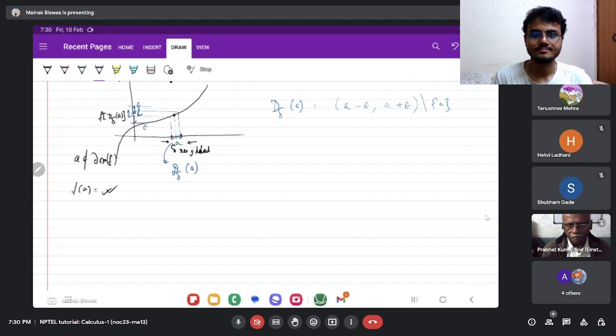So this is your epsilon. Your function must not jump in the neighborhood. What does it mean? f of delta of A must be between L minus epsilon and L plus epsilon.